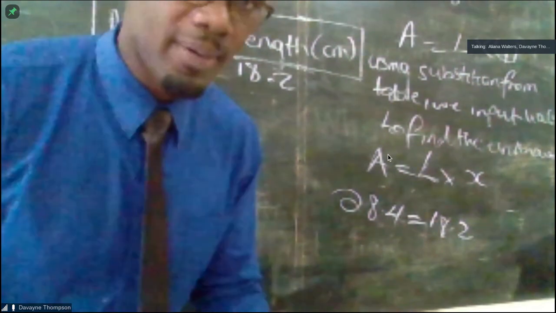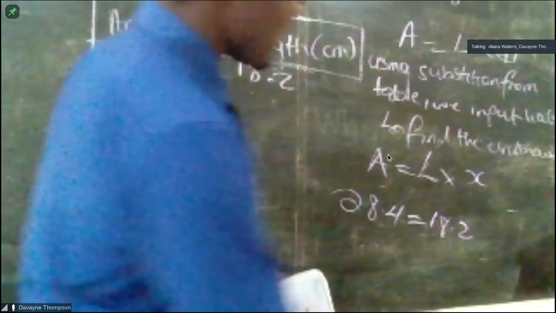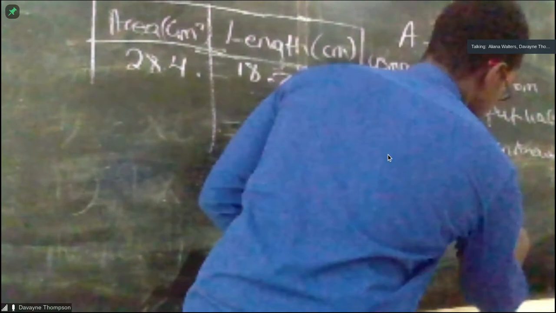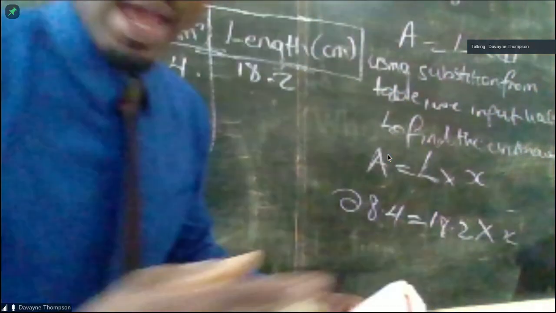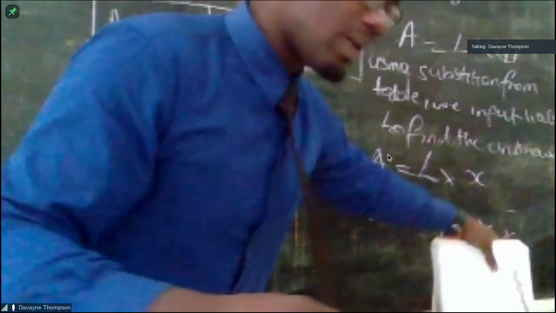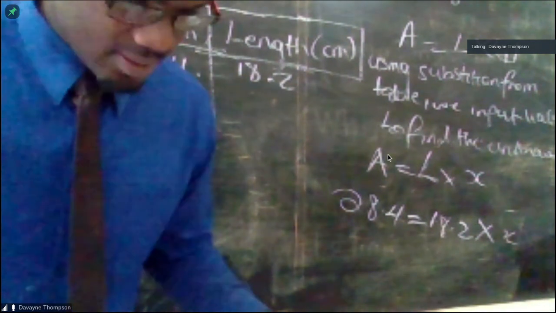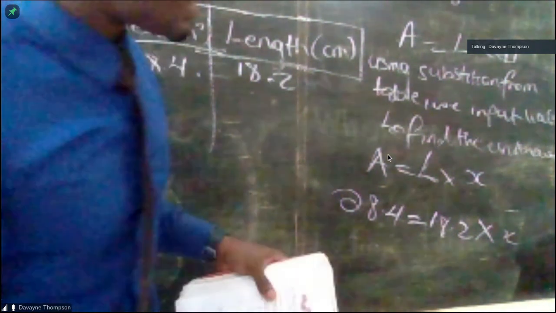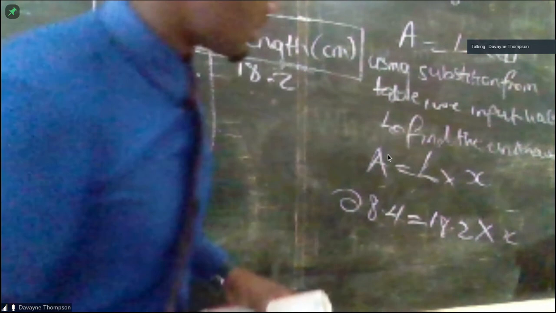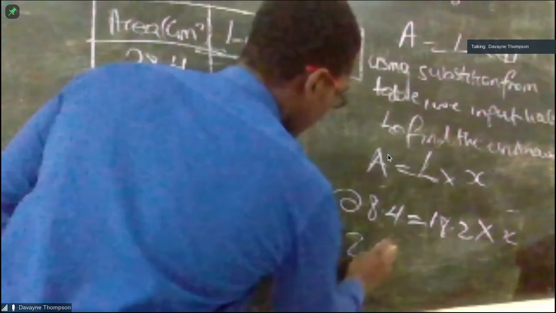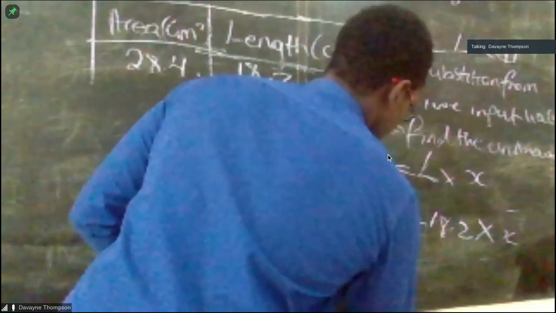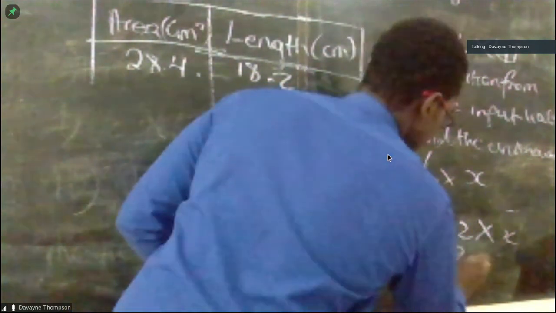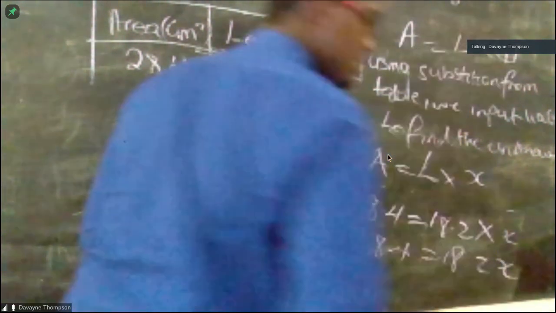Look, if I have 18.2 times X, when I multiply 18.2 and X, what do I get? Isn't it 18.2X? Yes, sir. Right. So therefore we're going to have 18.2X. You see that, Aliana?